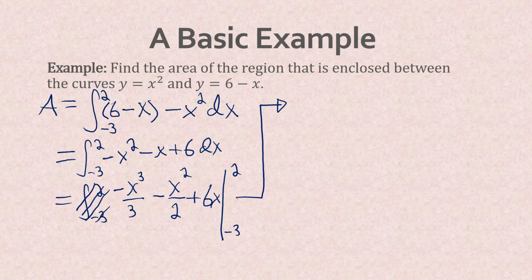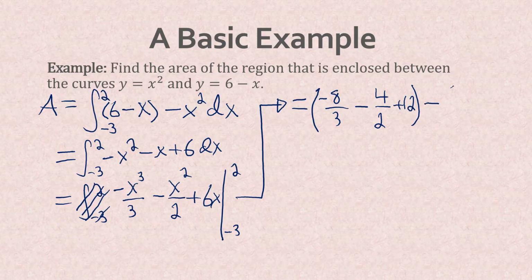So let's see what that gives us. If I plug in 2 first using the fundamental theorem, so I plug in the upper bound, I get negative 8 over 3 minus 2 squared over 2, that's 4 over 2, plus 6 times 2, which is 12.